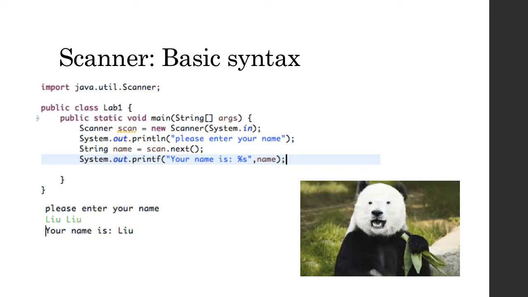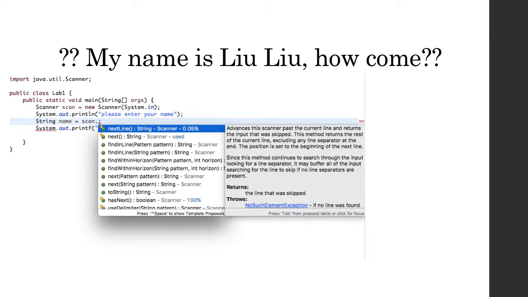So how do we fix it? All right. We think there's something wrong, therefore we just use the Eclipse built-in helper to help us, right? So we have a bunch of different things.